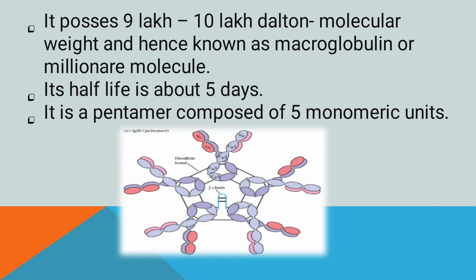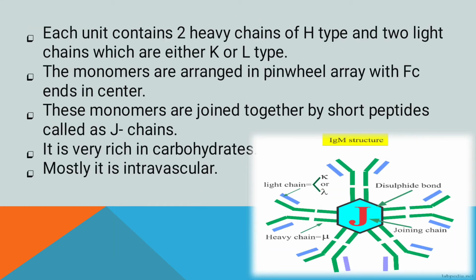It has a half-life of about 5 days and it is a pentamer as it is composed of 5 monomeric units joined together with the help of the J chain or joining chain. Each unit of this pentamer has 2 heavy chains and 2 light chains. The light chain can be either kappa or lambda but cannot be both.